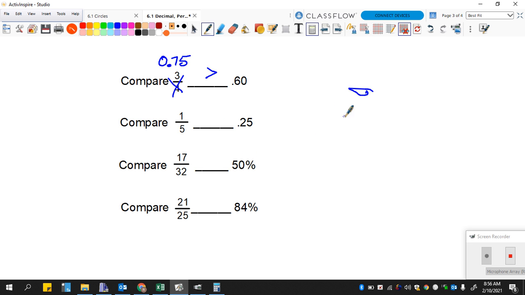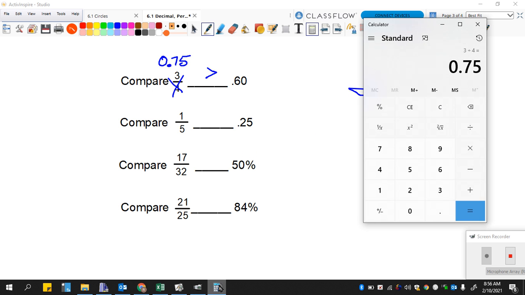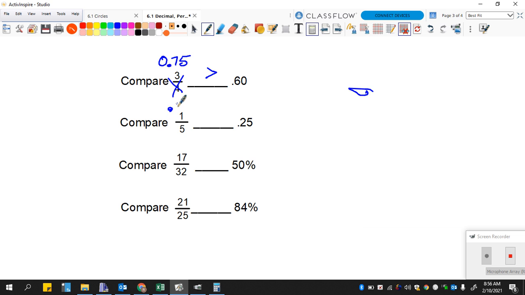Okay, do the same thing with 1/5. 1 divided by 5 is 0.2. Remember, 0.25 has 2 decimal places, so 0.2 is the same thing as 0.20. And so 1/5 is less than 0.25.